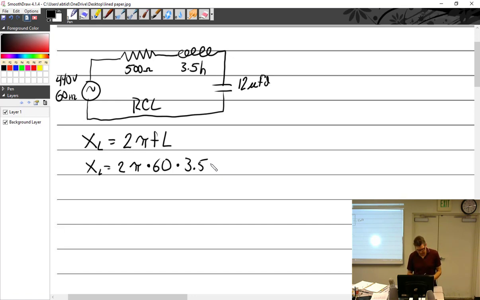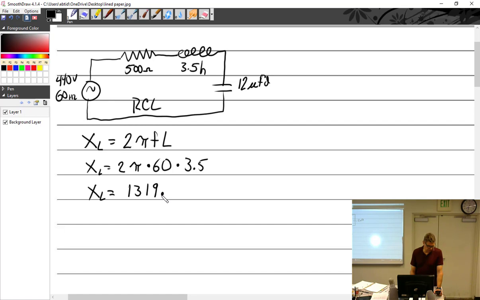2 times pi times 60 times 3.5 equals. So X of L equals, what do you got? 1,319. Now let's round properly.